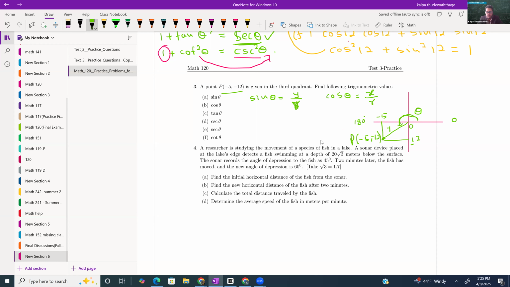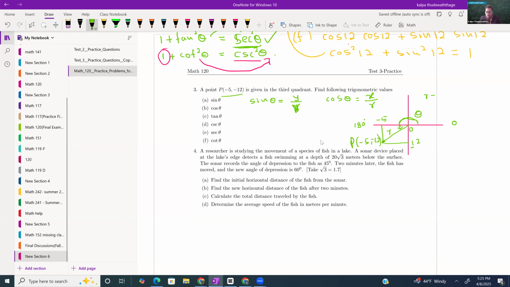But to find r, you square the x coordinate, you square the y coordinate, and you take the square root. It doesn't matter if x, y are negative, because you always get positive when you square. So if you square -5, you get 25. If you square -12, you get 144.